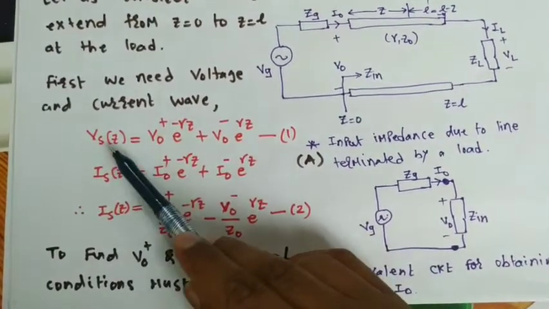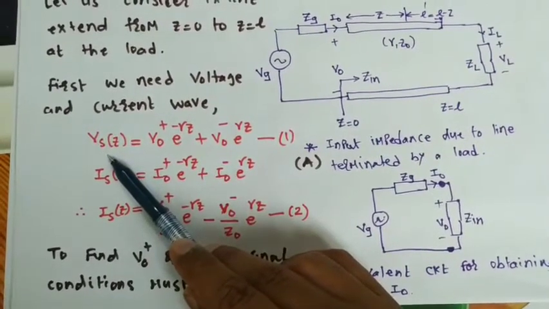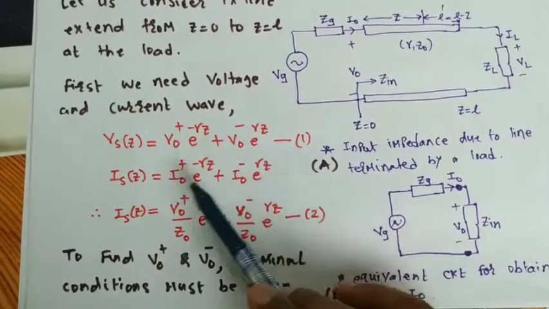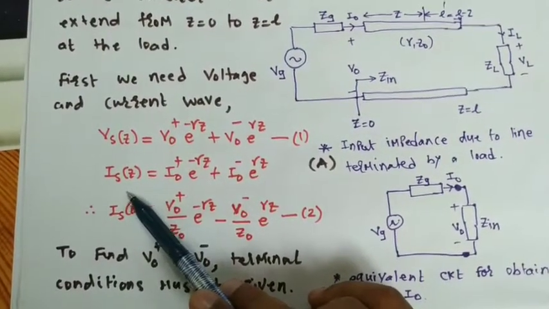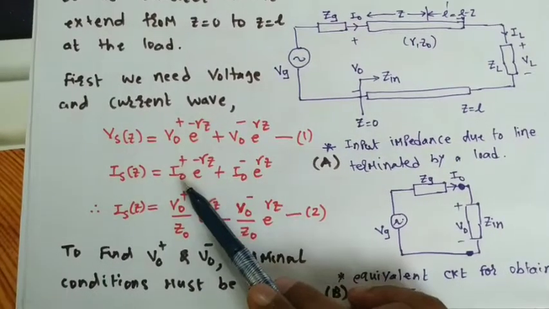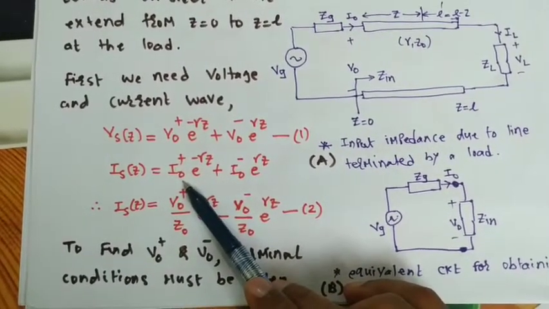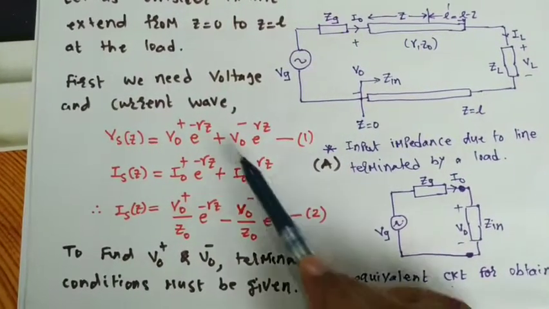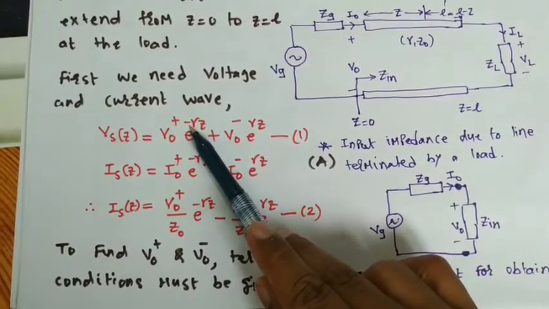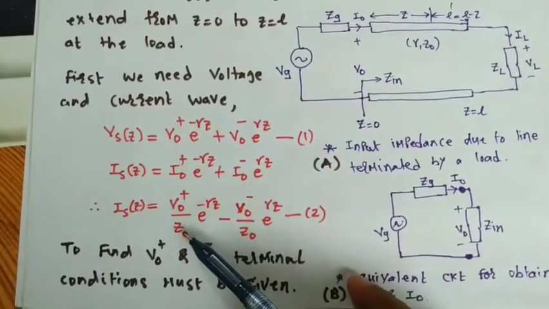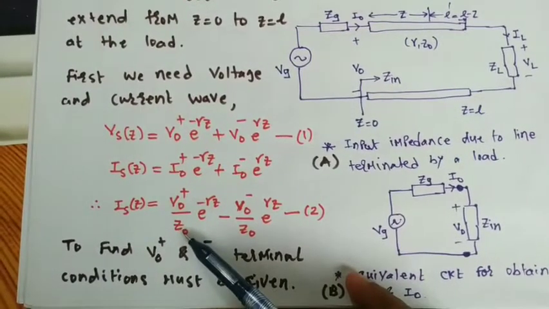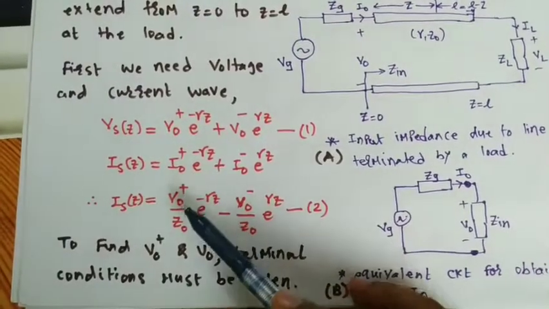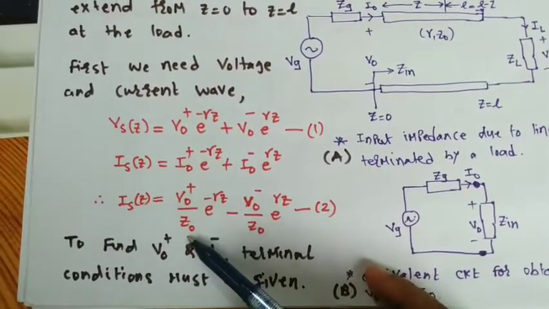Ultimately the phasor voltage at any point on the line can be expressed by these expressions, while the current Is of Z also has two components, one in the positive Z direction and one in the negative Z direction. Here gamma, as I mentioned, is the propagation constant, and Z0 is the characteristic impedance of this transmission line. These expressions I have converted in terms of V0 plus by Z0.